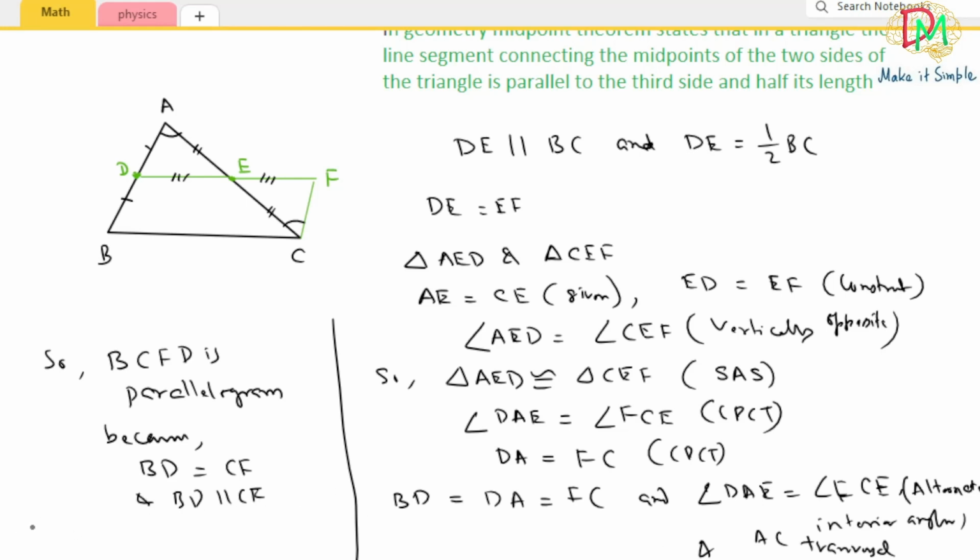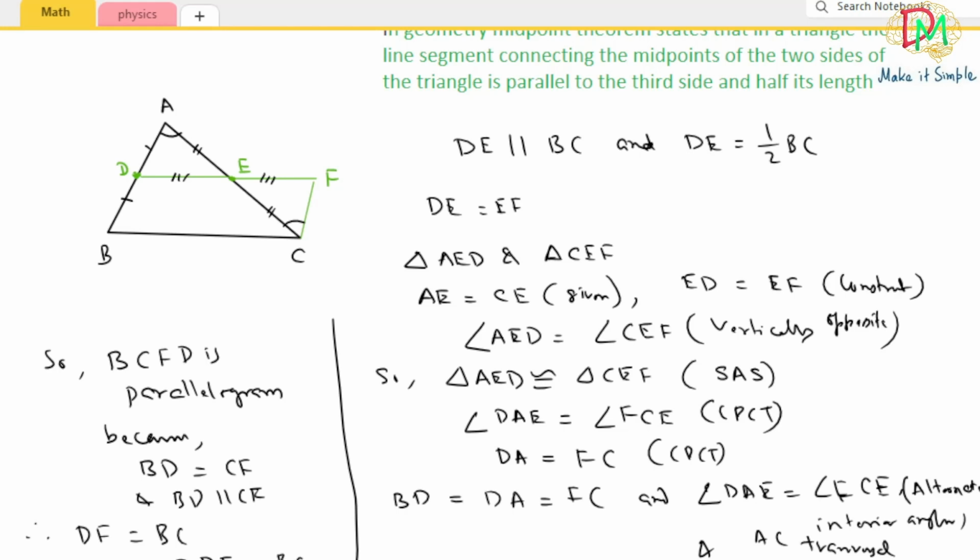So we can say that DF is equal to BC, and DF is equal to 2DE, so 2DE is equal to BC.